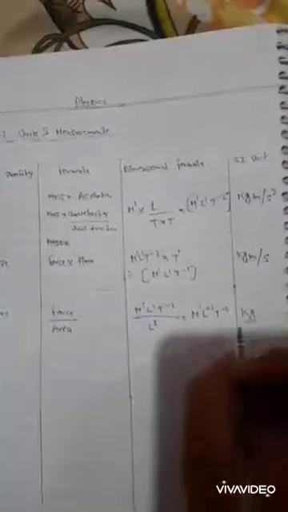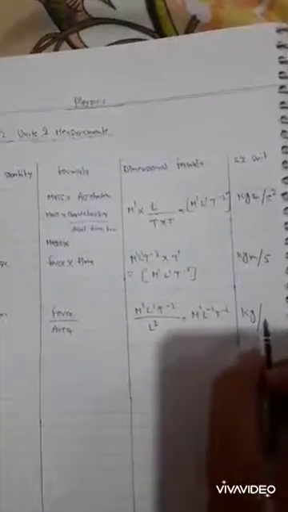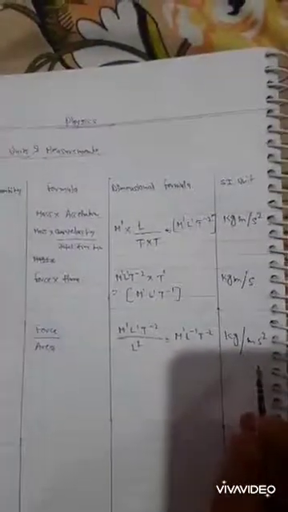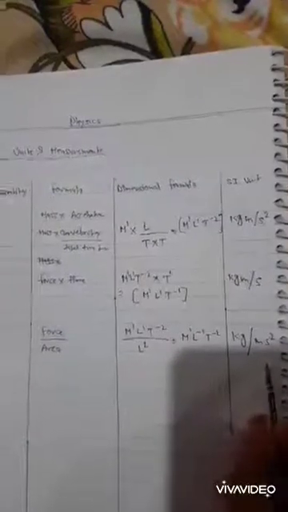So the SI unit will be, because M is 1, kg, L minus 1, so it will come per meter, and T minus 2, so second square. So the unit of pressure is kg per meter second square.